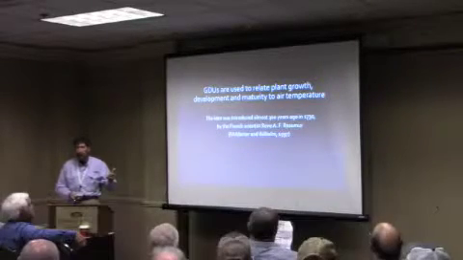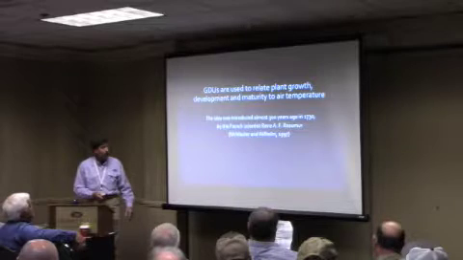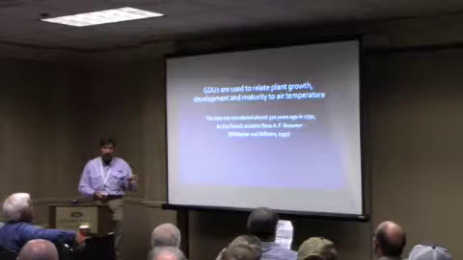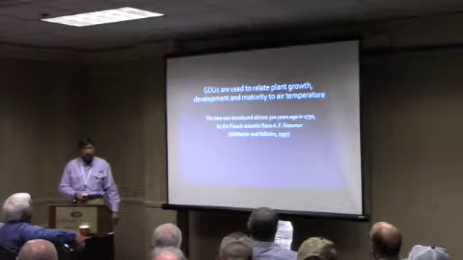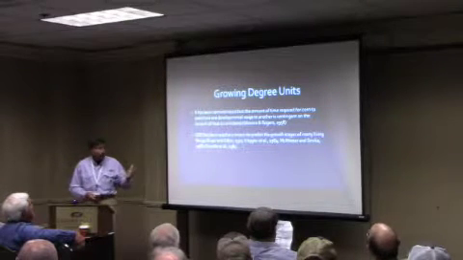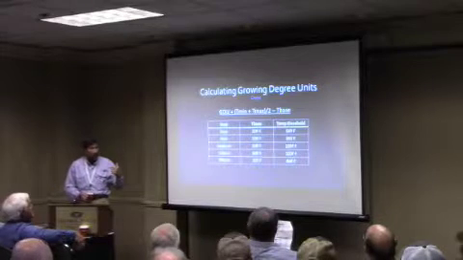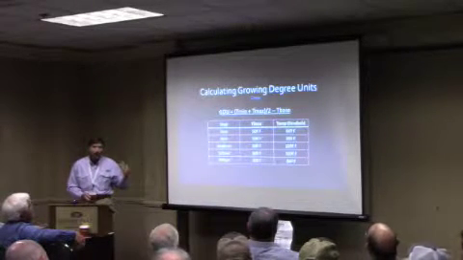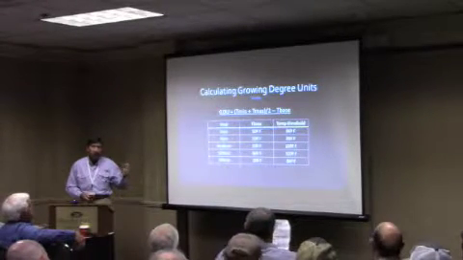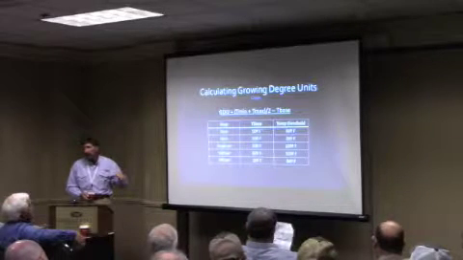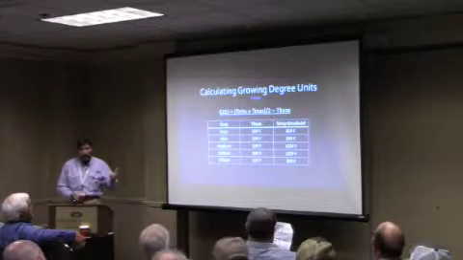And this was no new idea. It was 300 years ago that a French scientist saw a correlation between air temperature and growth stages. That was followed up by several others, but we won't get into that. There's a formula for it: the minimum temperature plus the maximum temperature divided by 2, minus a base temperature.